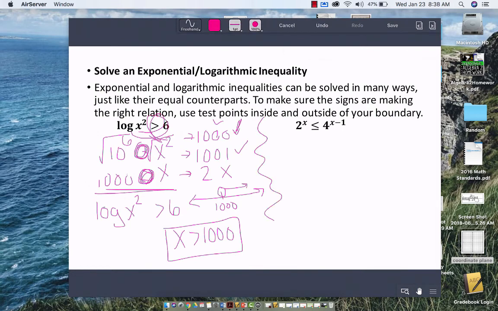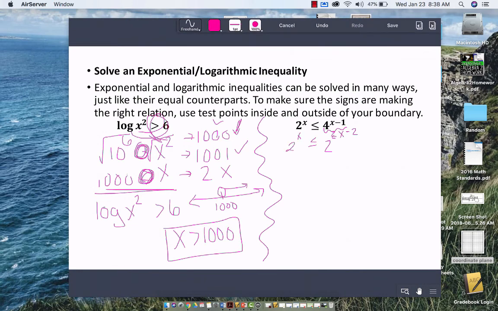Moving on. Here are my exponentials. We want the same bases whenever we can. If we can't, we know we would take the log of both sides, and if those were base e's, we would take the natural log of both sides. But I can rewrite 4 here as 2 squared, which would give me 2x minus 2 when I distributed.